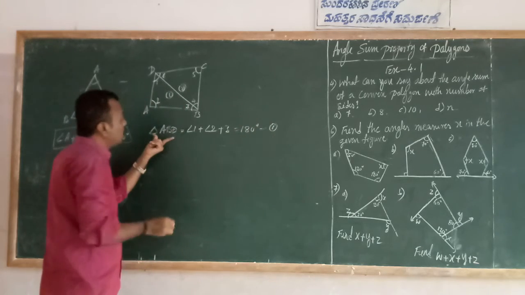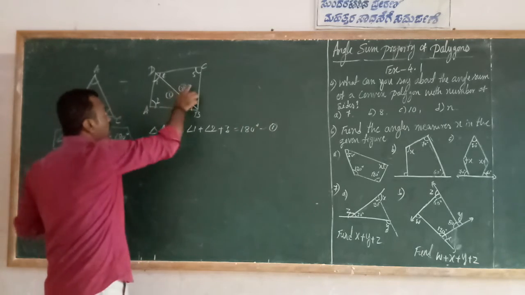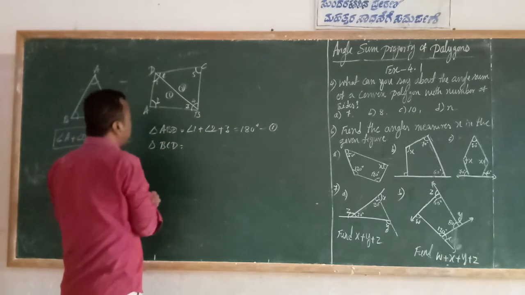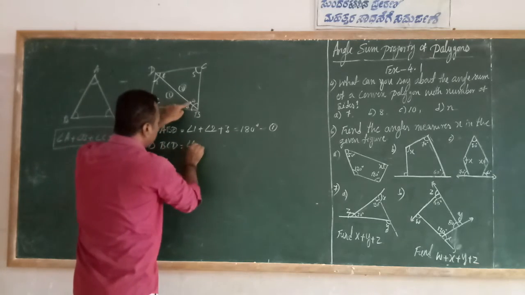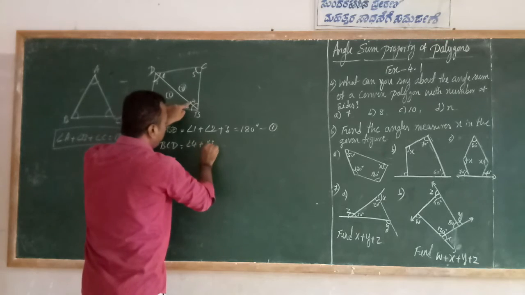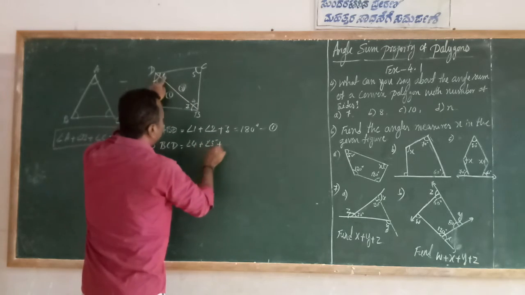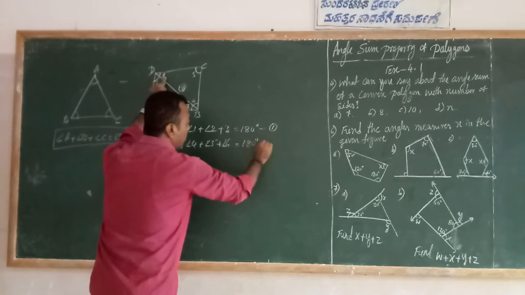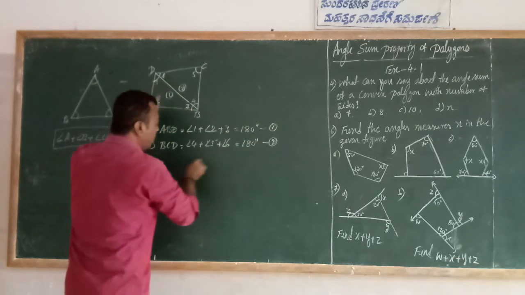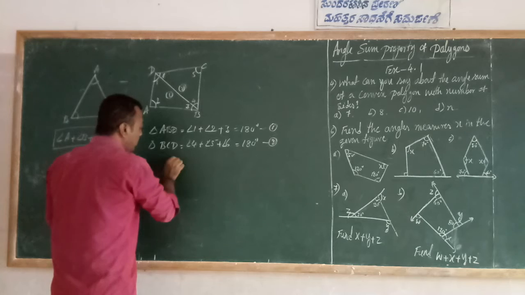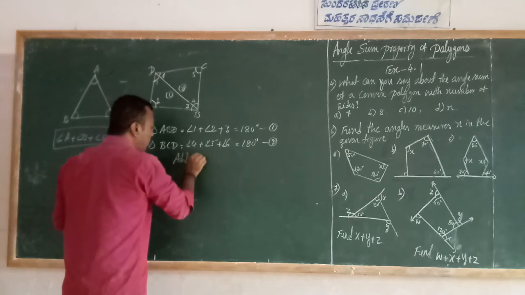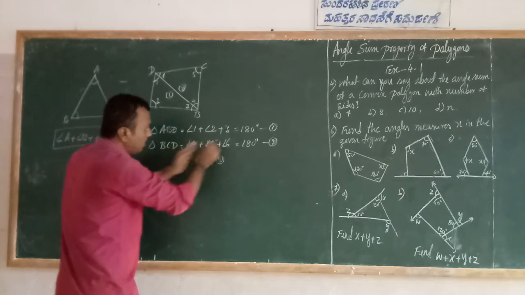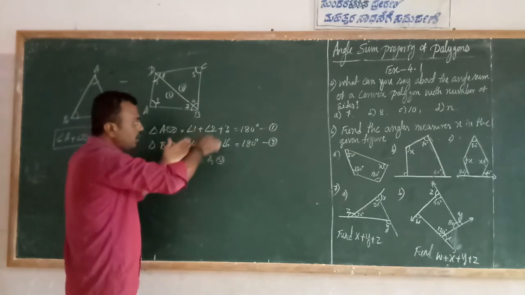So this is triangle ABD. In triangle BCD, angle 4 plus angle 5 plus angle 6 is equal to 180 degrees. Is it right? Call it number 2. So we should add 1 and 2, the LHS and the RHS.